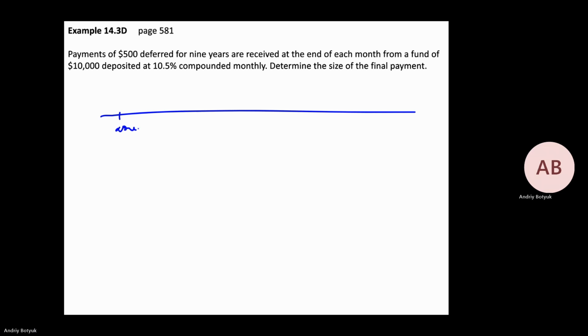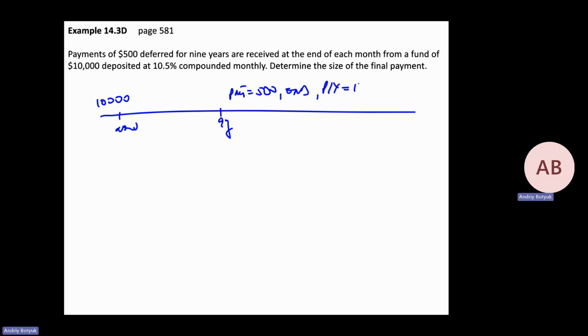We don't have much time left, so that's a deferred annuity, yes or yes? Deferred for 9 years, end of each month. So payment 500 and 10,000 is here.